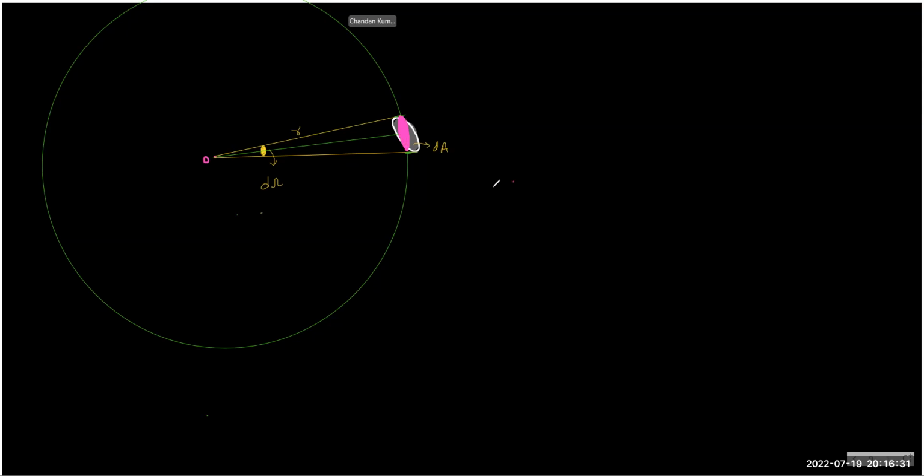So the pink region is actually representing what? The area on the sphere subtending the same angle as the actual surface given to us. Are you getting this point? Now, every surface area will have an area vector.